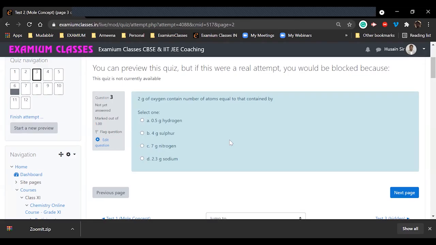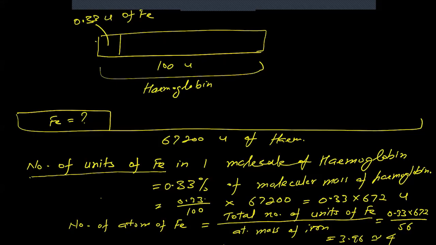And 1 mole in terms of mass, you can write as given mass upon atomic mass. So the relationship between mole and NA particles, NA atoms, is this.